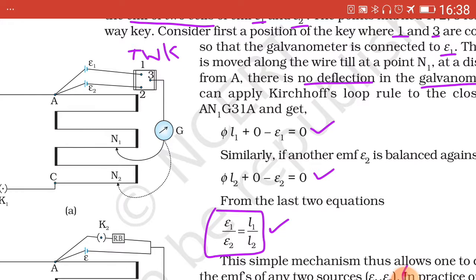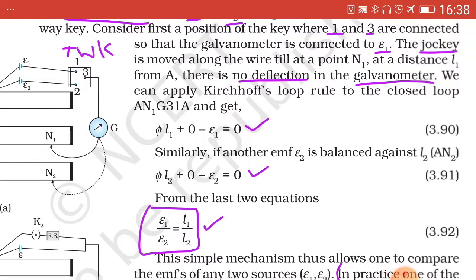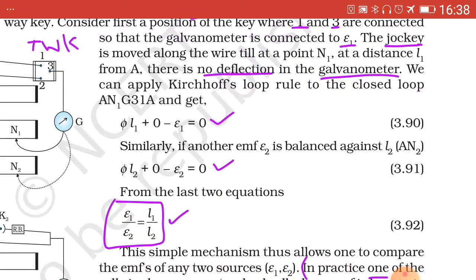Why minus? Because the negative sign comes along the path of journey. The negative terminal of the cell comes first, so it is minus E1. So phi L1 plus 0 minus E1 equal to 0, which has been tick marked.